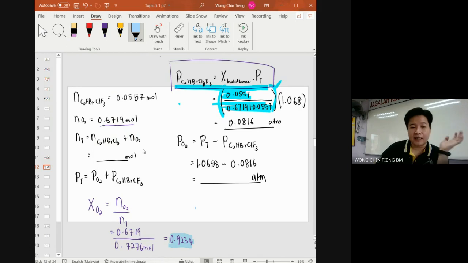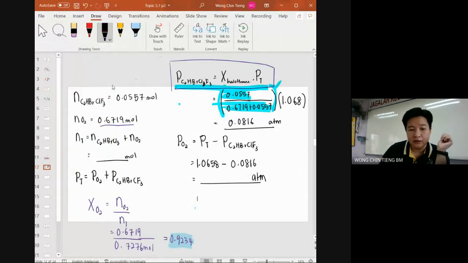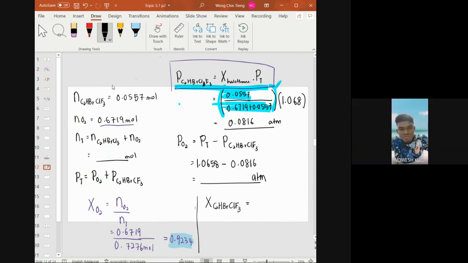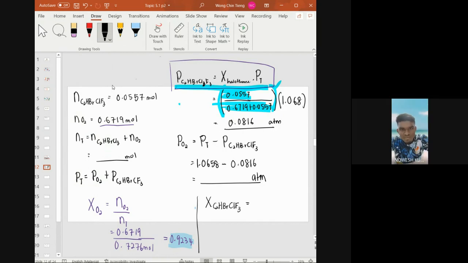Okay. And what would be the easiest way to find the mole fraction of the other component? It is 1 minus the mole fraction of oxygen. The mole fraction of oxygen plus the mole fraction of allothane is equal to 1.